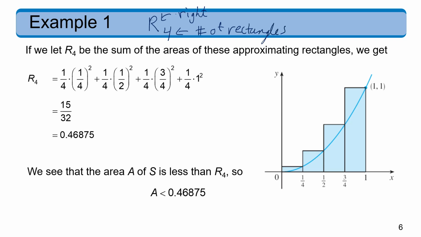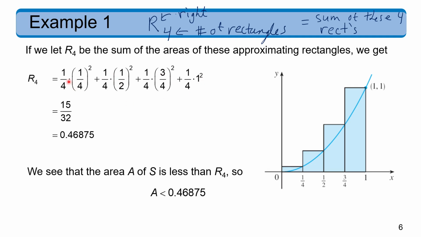Okay, so let's look at the calculation for R4. So again, R4 represents the sum of these 4 rectangles, where the heights are determined by the right endpoints. So notice in the formula here for R4, it's a sum of 4 things.